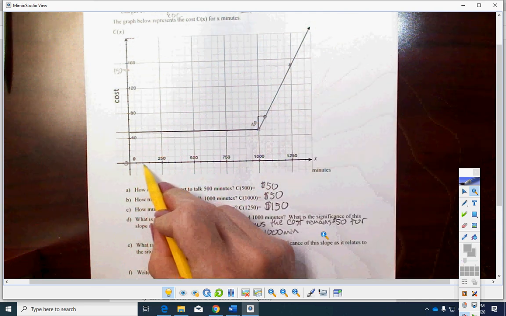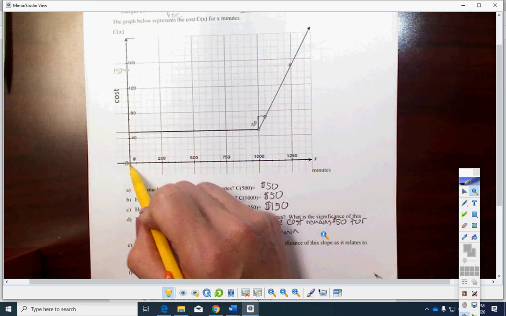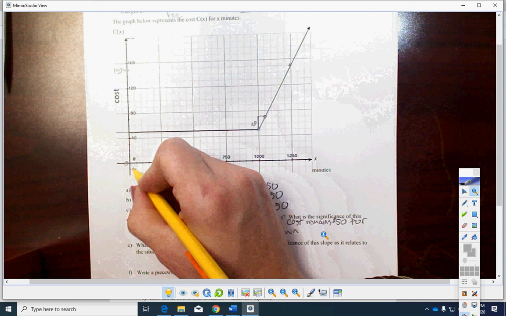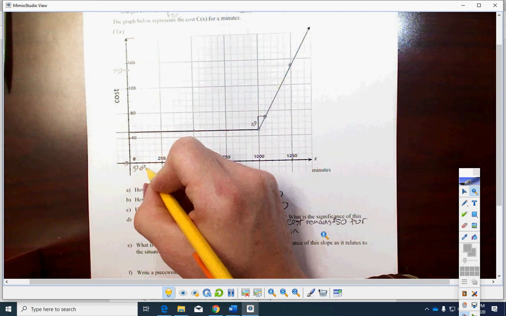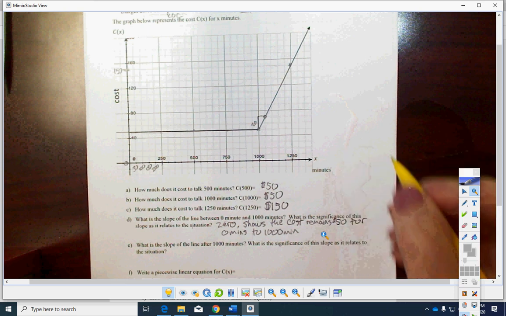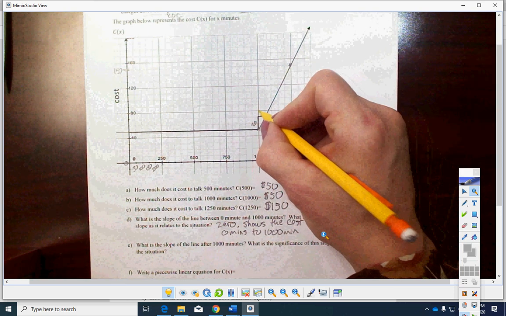And now let's take a look at this scale. If that's 250 and this is 0, must be going by 50s, right? This is 50, 100, 150, 200, 250. So each box represents 50. So this goes up 20 and over 50.